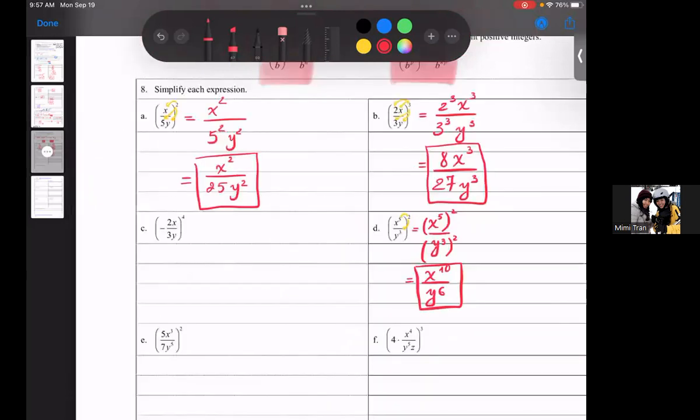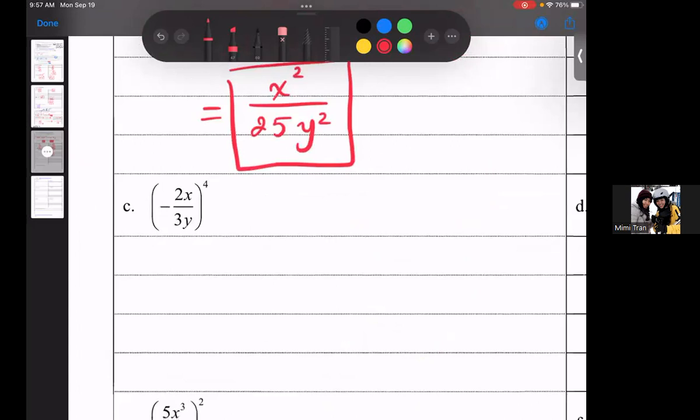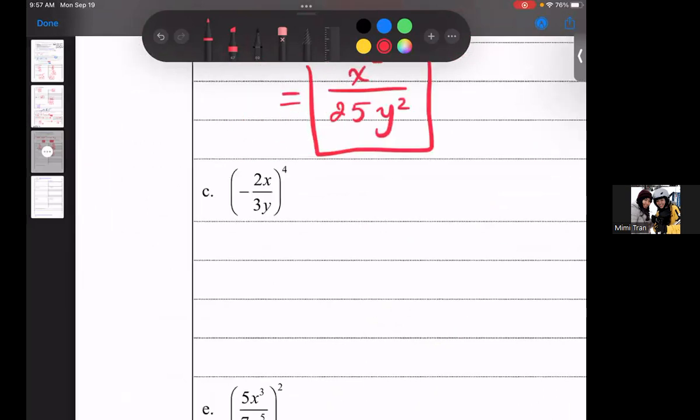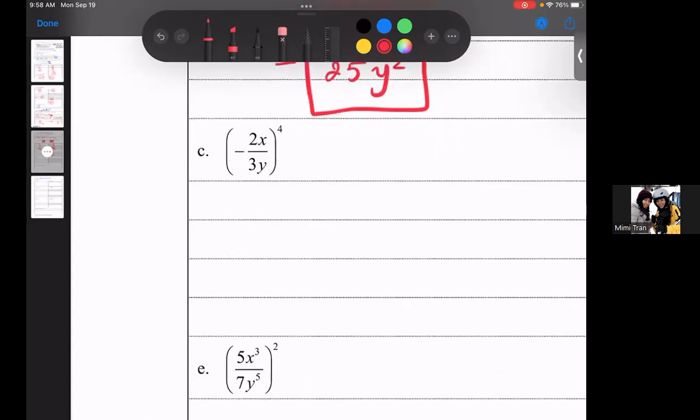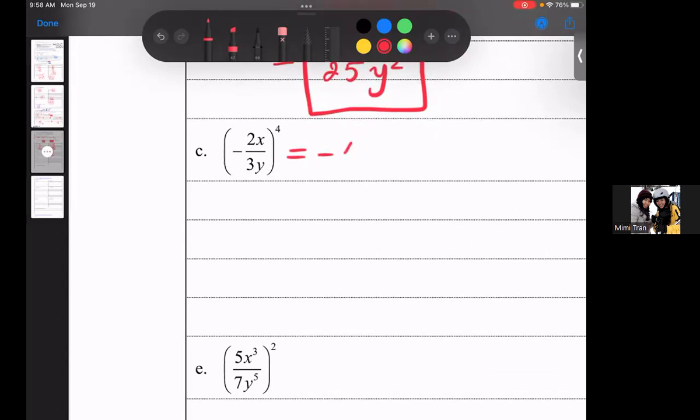It's your first math class at OU. All right, see, that negative there is to be understood as what? If I don't write anything, it's understood as negative 1, right? So this is equal to negative 1, and I'm just rewriting everything here. Negative 1 times 2x over 3y to the 4.